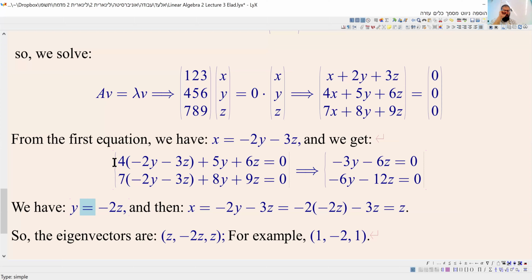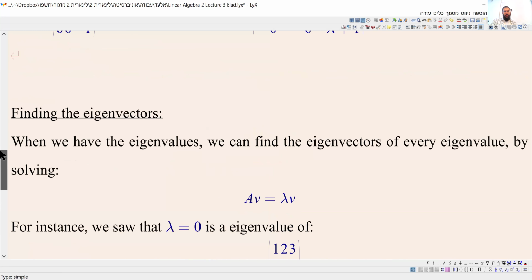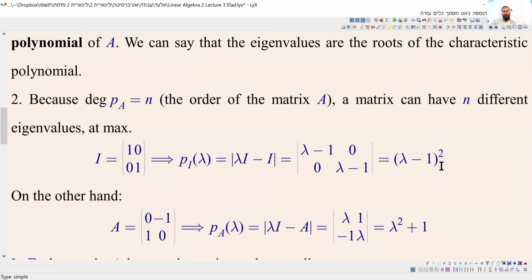Later we'll discuss the number of free variables in the system Av equals lambda v corresponding to lambda, and on the other hand, the power of lambda in the characteristic polynomial.